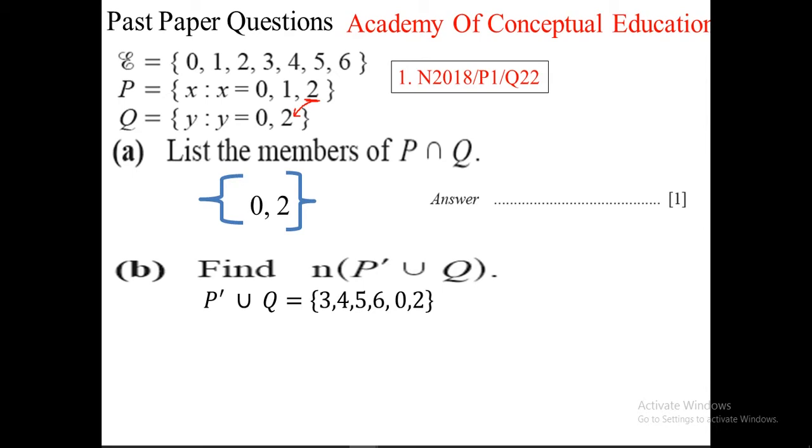P complement means U minus P. U means the universal set, and right now we will use the alphabet U. Now if we write it as a set, U is 0, 1, 2, 3, 4, 5 and 6.